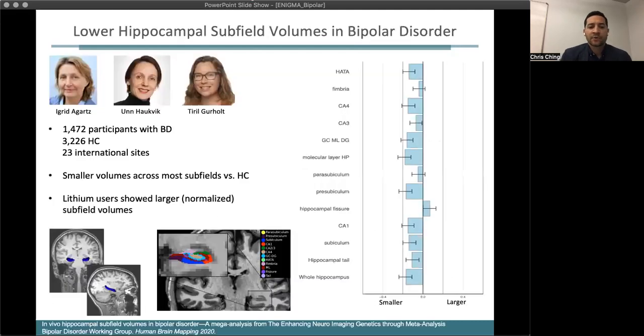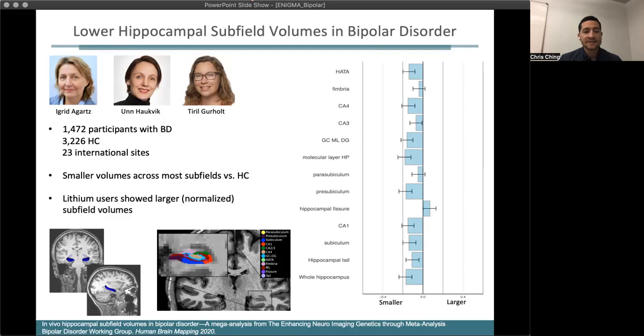Now, this is an example of a study in which we were trying to dive a bit deeper into an initial finding. So you may remember in that first foundational study, we found that individuals with bipolar disorder had smaller hippocampal volumes. And so we know this structure is vitally important to learning and memory and involved in the circuitry of emotion and reward processing.